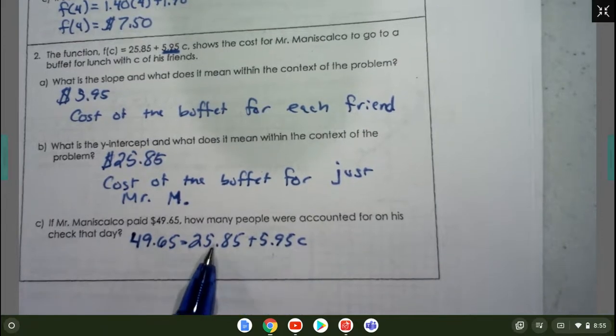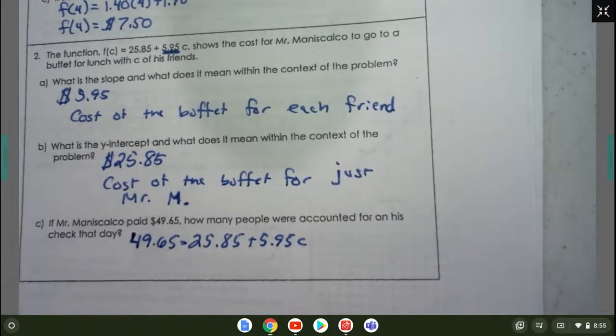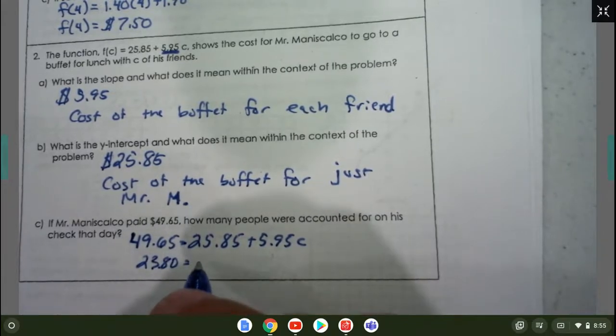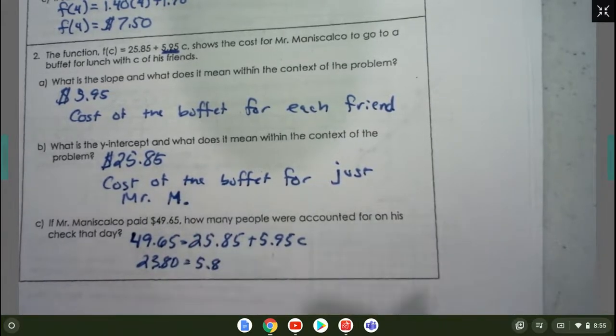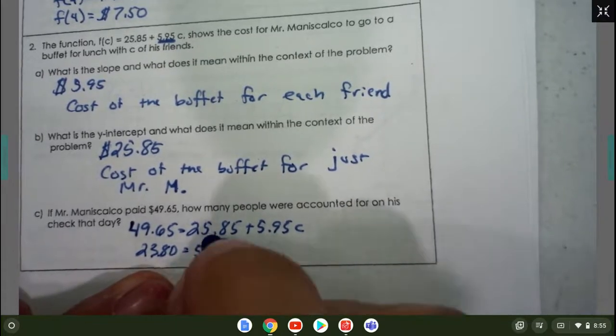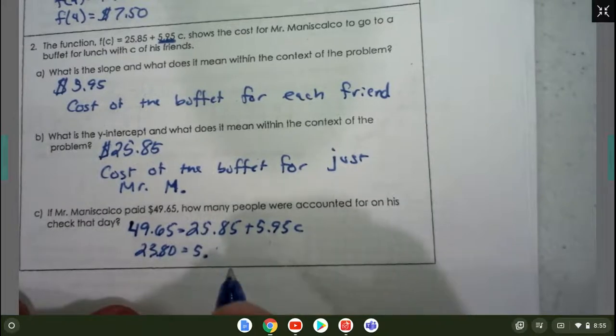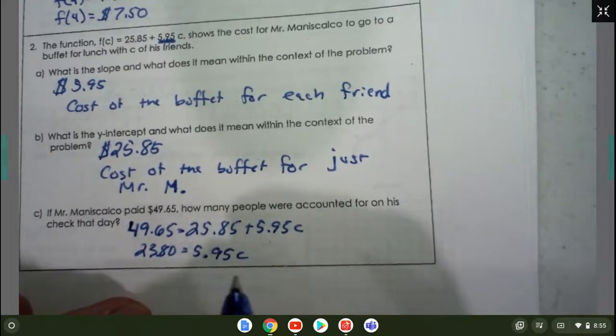So first thing we're going to do is subtract the 25.85 from that 49.65. So again, time to go back to the calculator. 49.65 minus the 25.85 leaves us with 23.80. And that's how much he's got to pay for his friends. $5.95 per friend.